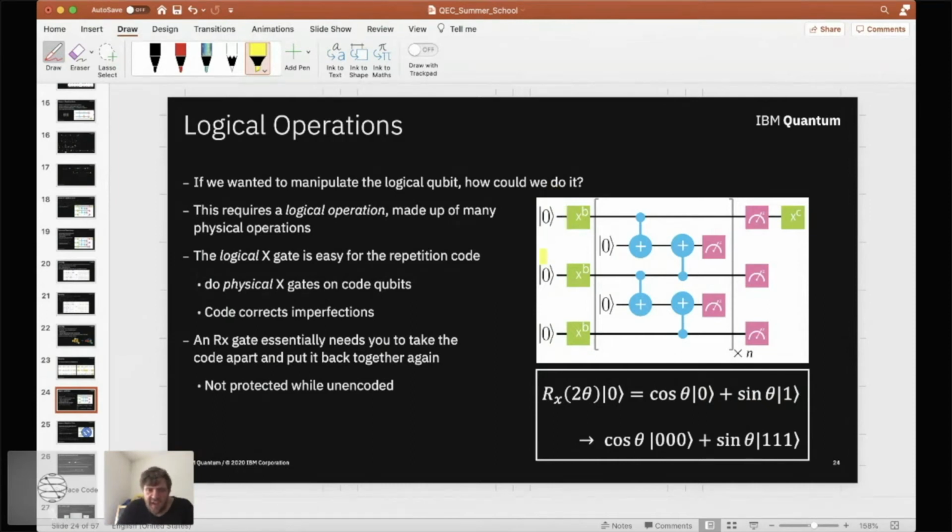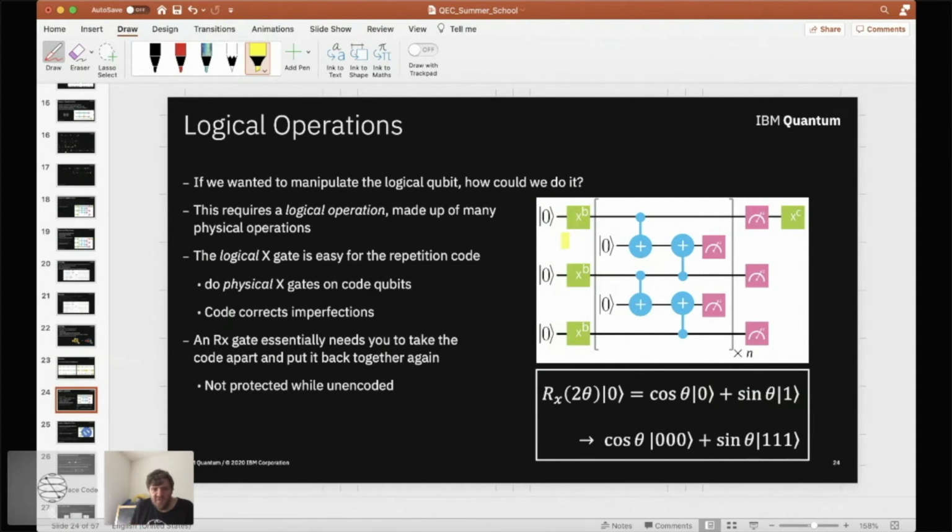And the nice thing about this is if these were a little bit imperfect, then that would just effectively be the same as if we did them perfectly and then followed that up with a little error. But as we know, errors that occur between measurement rounds are pretty easy to correct.